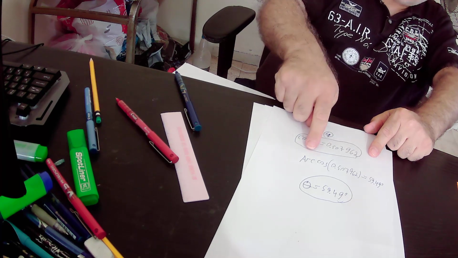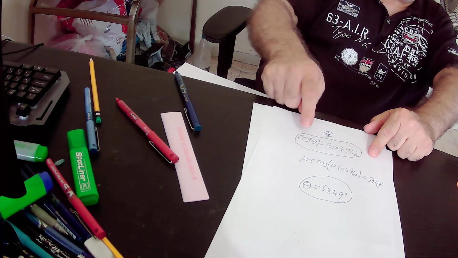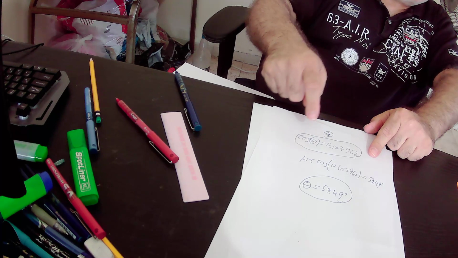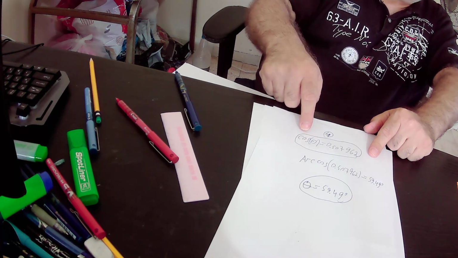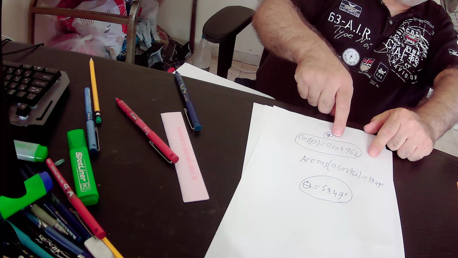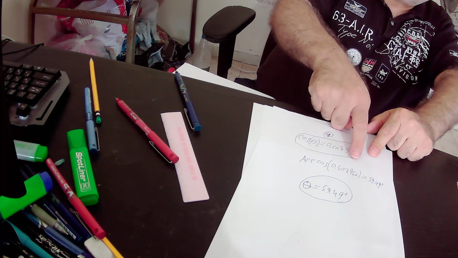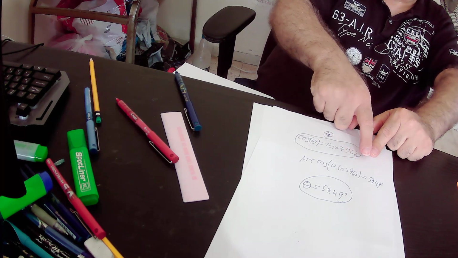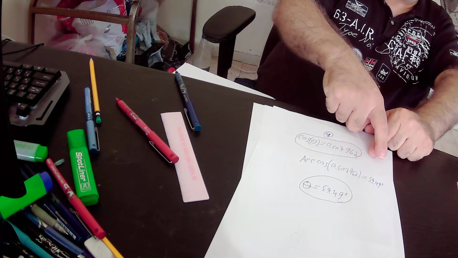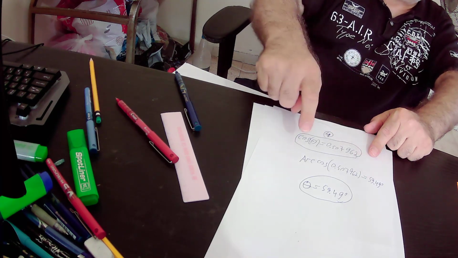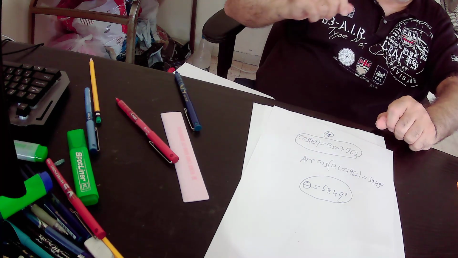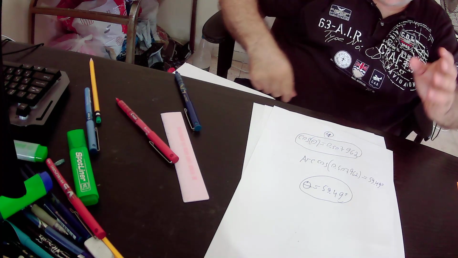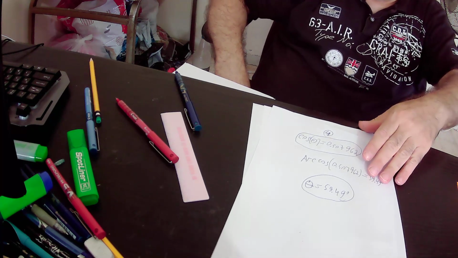So arccosine of 0.547962 equals 59.49 degrees, or theta equals 59.49 degrees. In this way we found the value of theta.